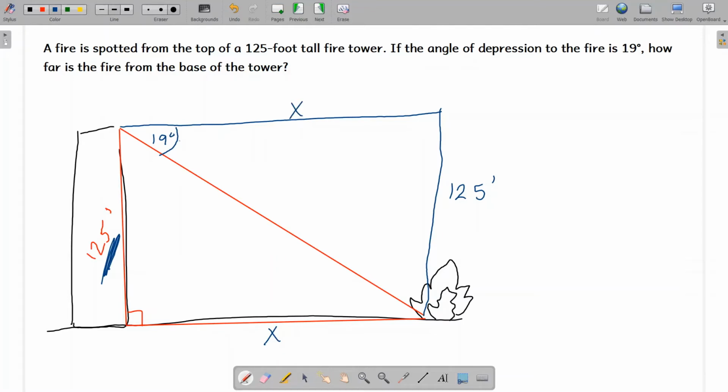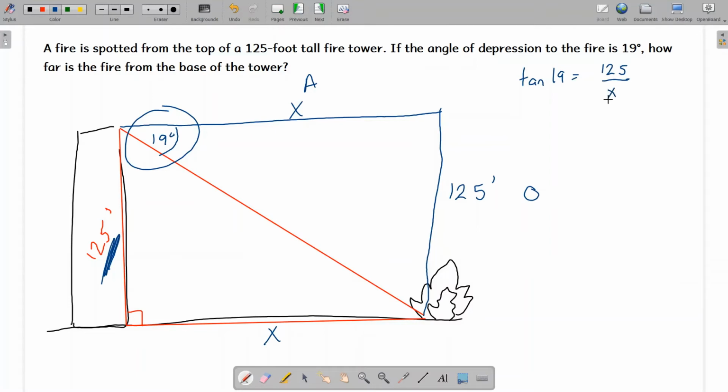So based on our angle of depression right here, we have the opposite side and we have the adjacent side. So we can set up our calculation. We're going to be using tangent. So tan of 19 degrees is equal to 125 over x.